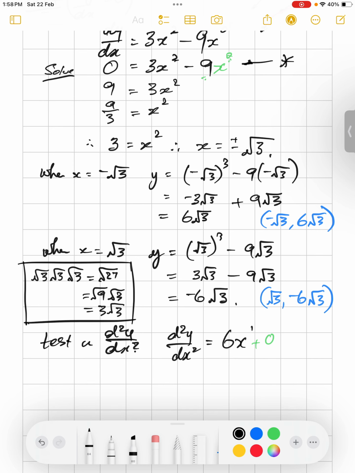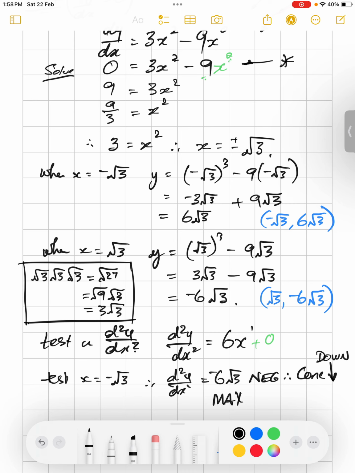So we test first, x is negative root 3, therefore the second derivative is going to be 6 times negative root 3, which is negative, therefore concave down, and a concave down stationary point is a maximum at negative root 3, 6 root 3.